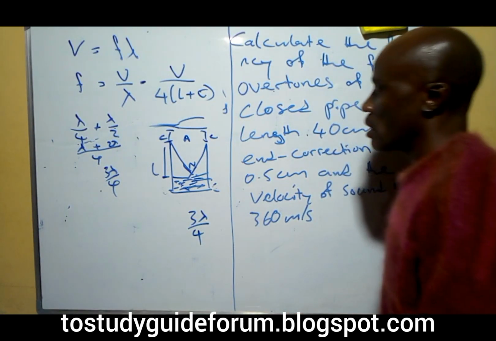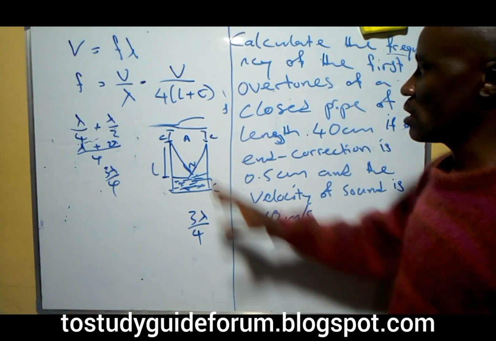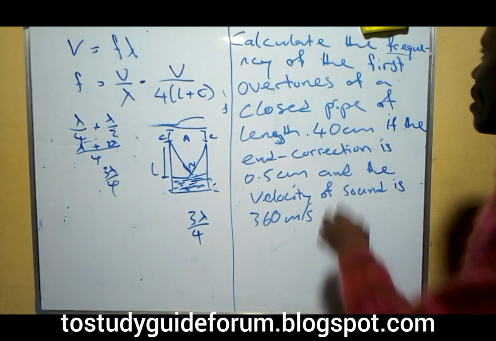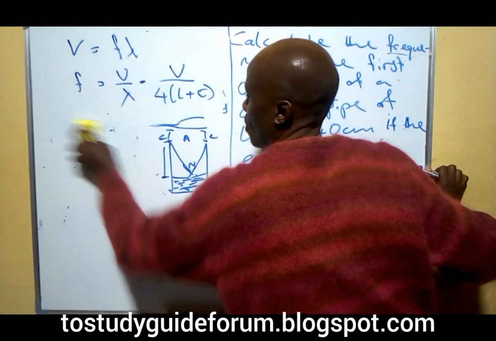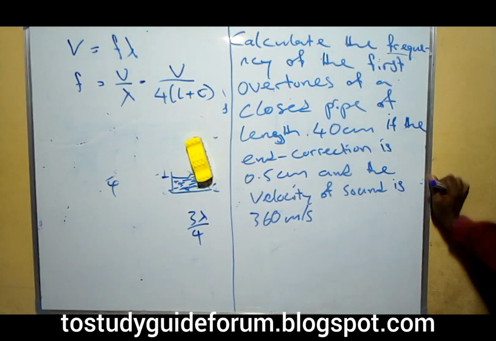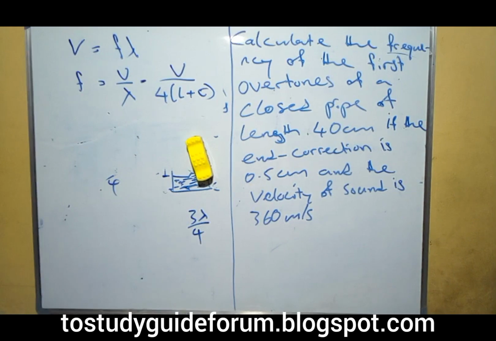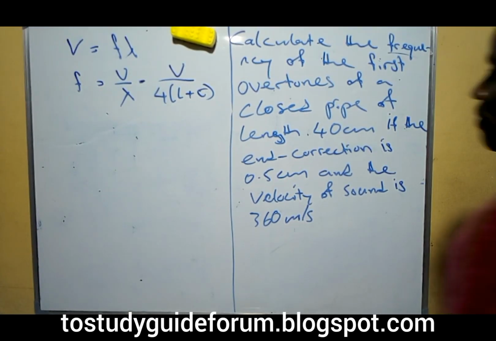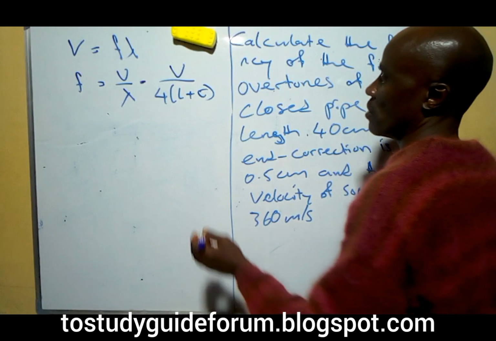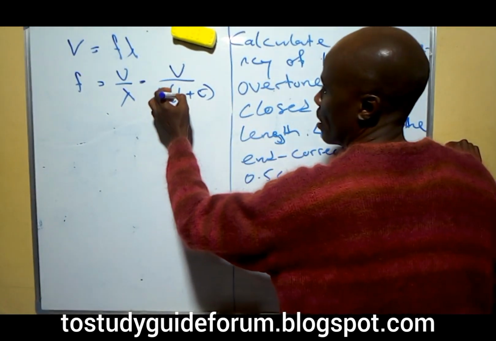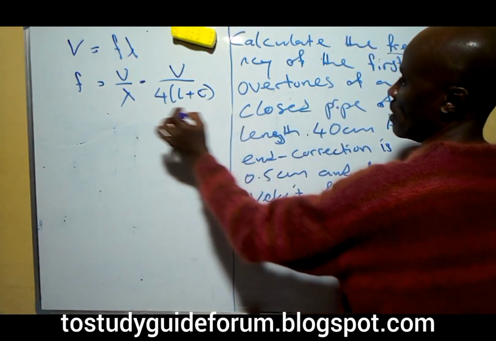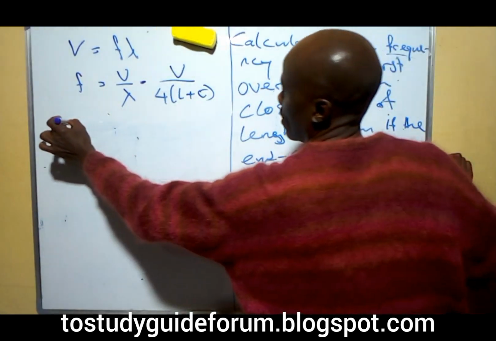So let's see how we're going to get this done. Since we have all the information we need, the length is 40 plus the end correction, which is 0.5.